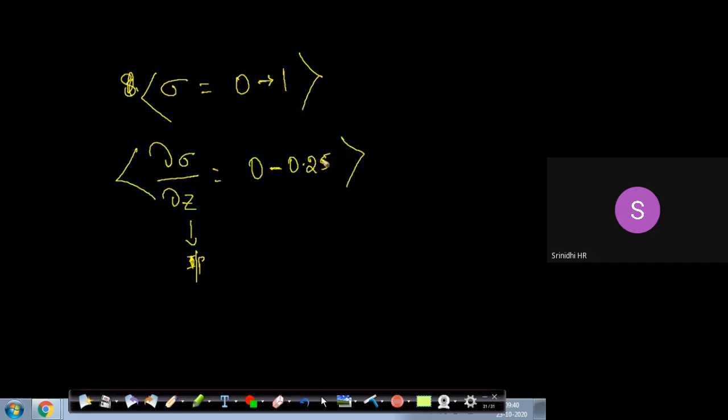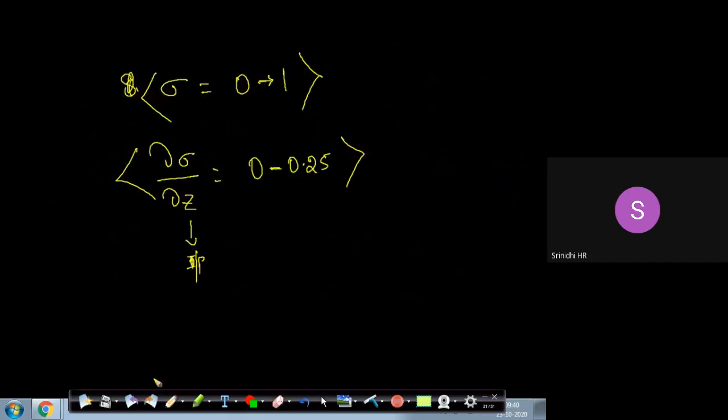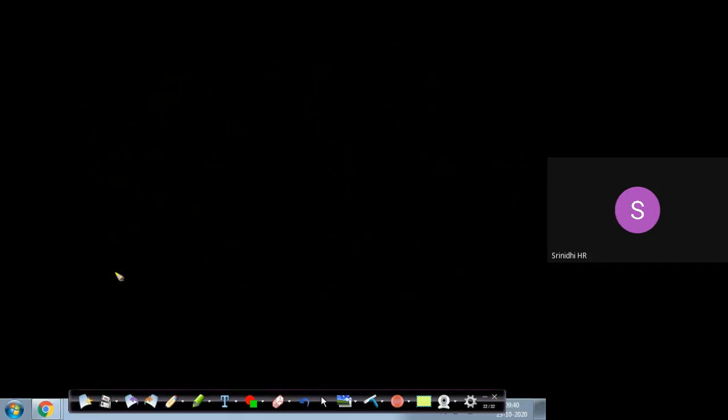In this example, we found that the value is 0.001. If I apply this to the formula, what is the formula I am having?